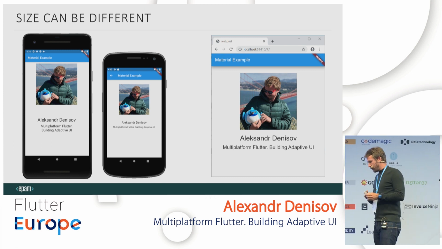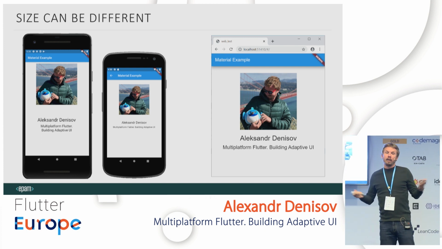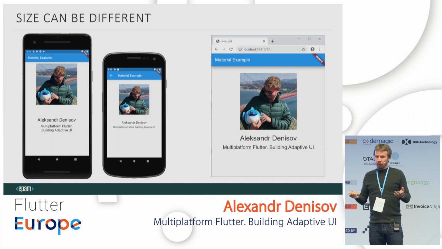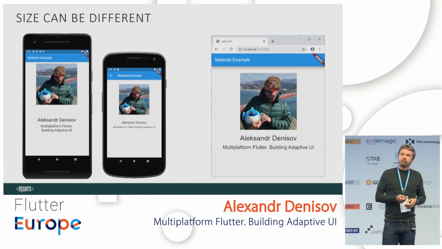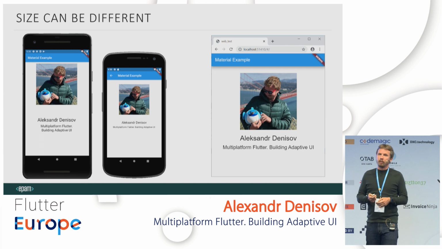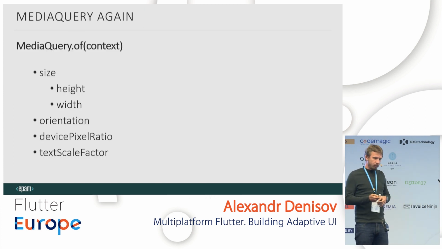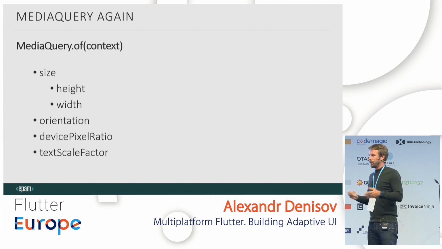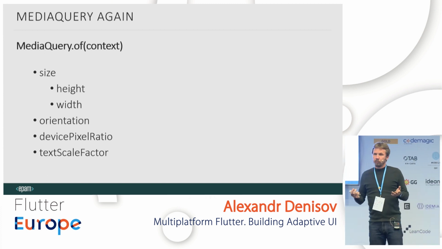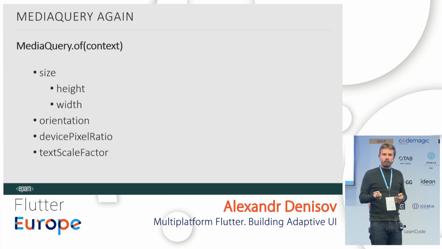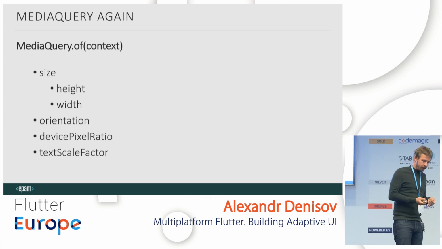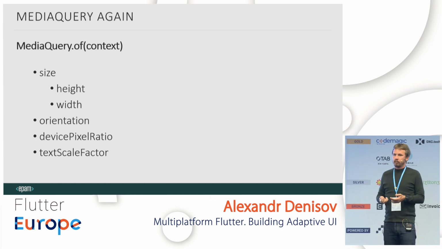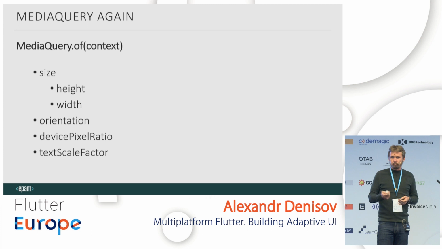And again, if you want your application to look good everywhere, you have to think about it. The first solution that comes to mind is MediaQuery again. If you know the real size of the screen, you can calculate the size of all necessary elements.